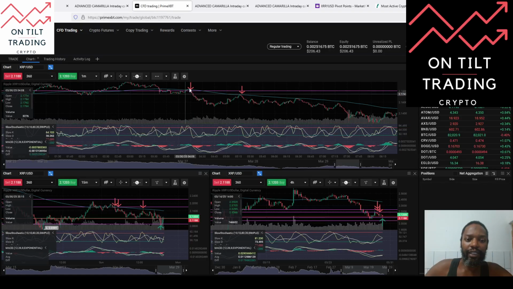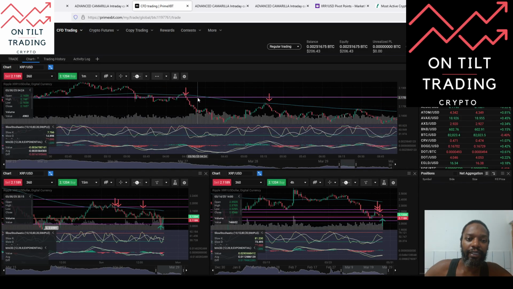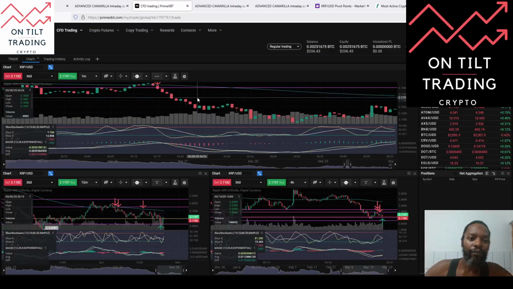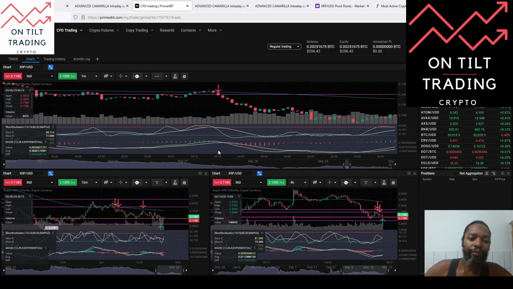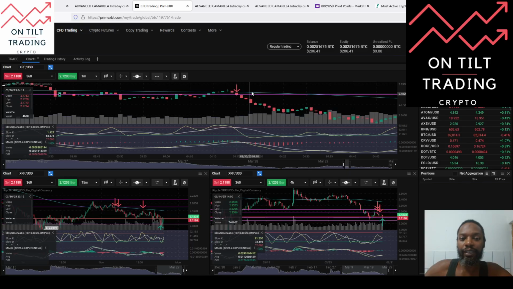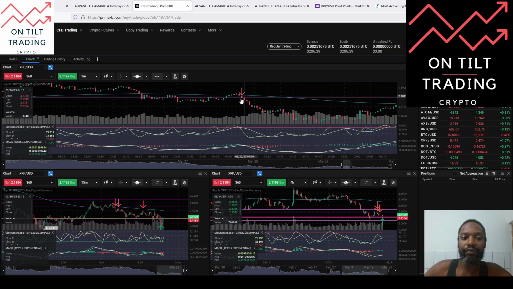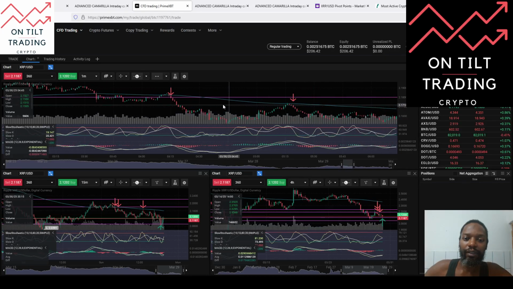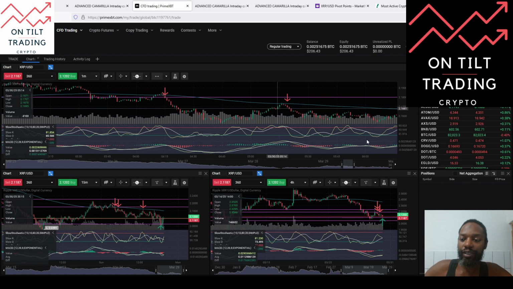So I take the entry here at the R3 level, and as it's breaking down at both the 200 EMA and the R3 level, I put my stop back here above this high and took my entry here. Currency pair sells off, comes back to test this 200 EMA here. So when it tests here, I add.